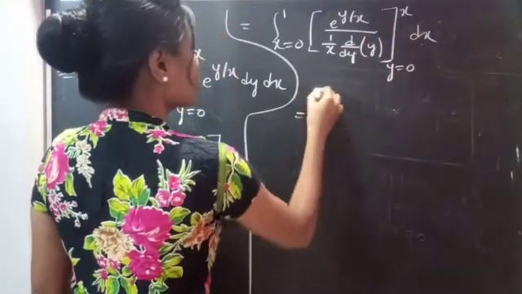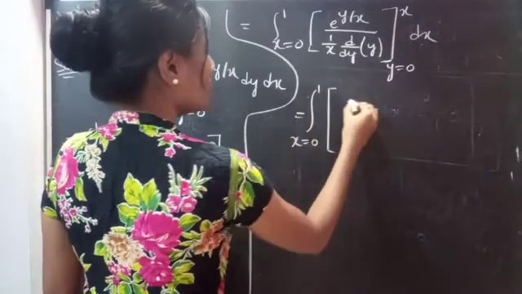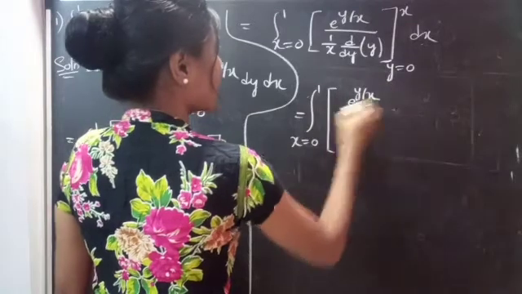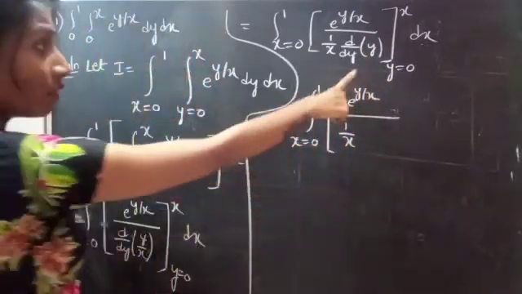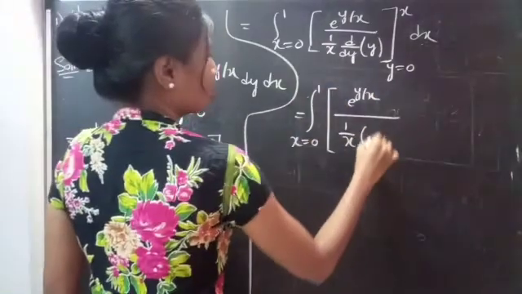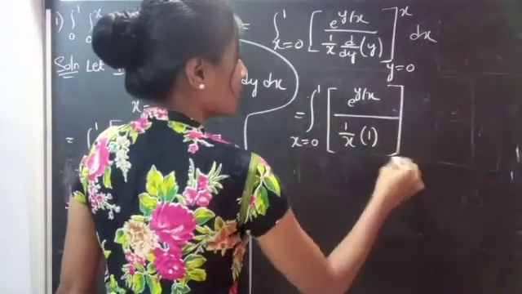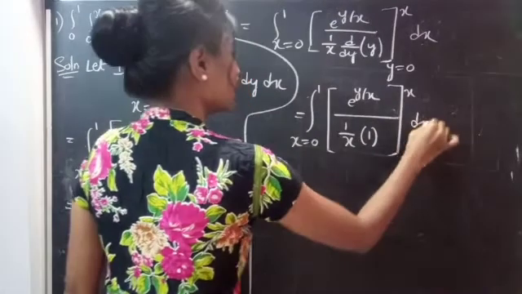So this equals integral x equals 0 to 1 into e power y by x divided by 1 by x into dy. The derivative of y with respect to y is 1, under limits y equals 0 to x, dx.